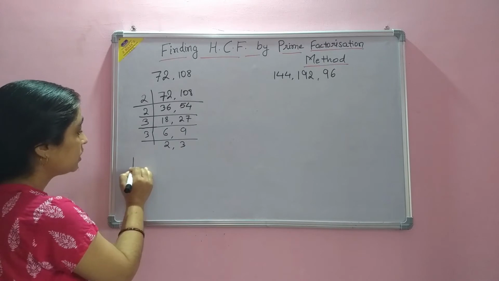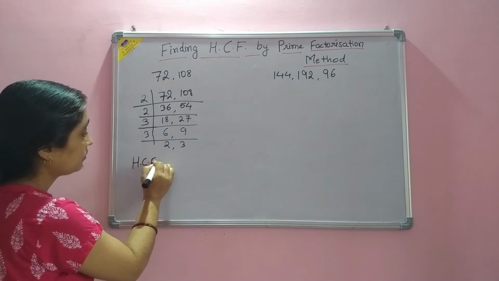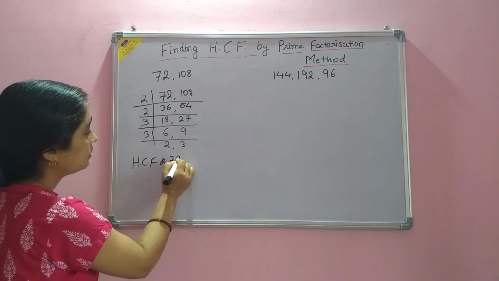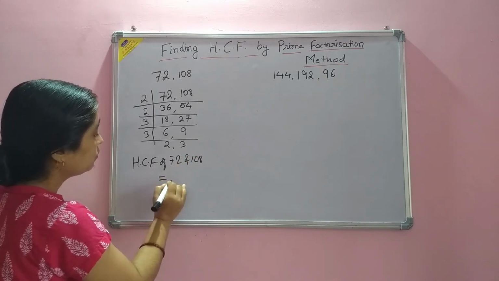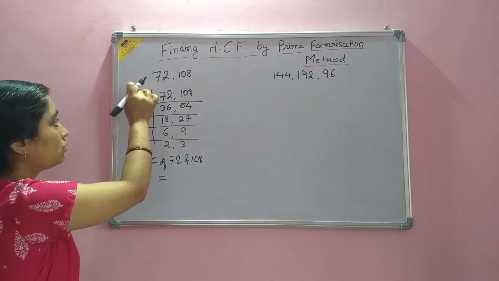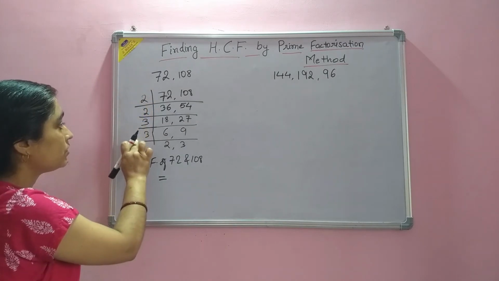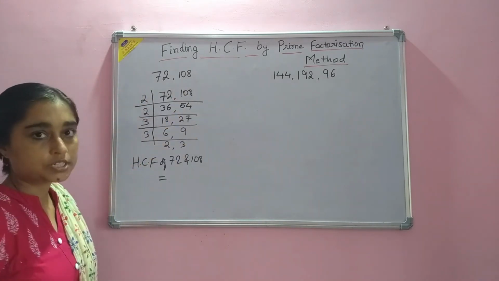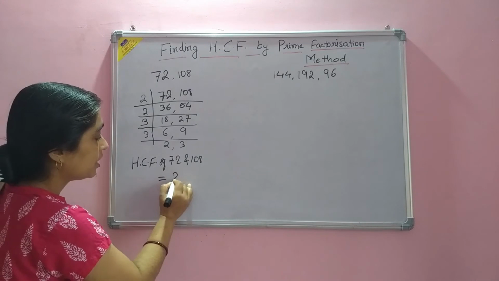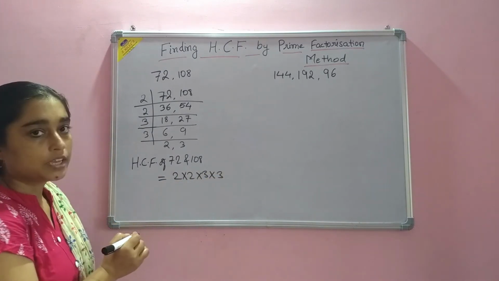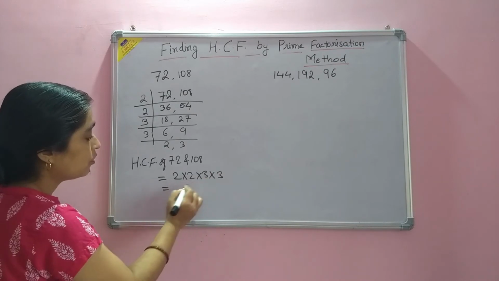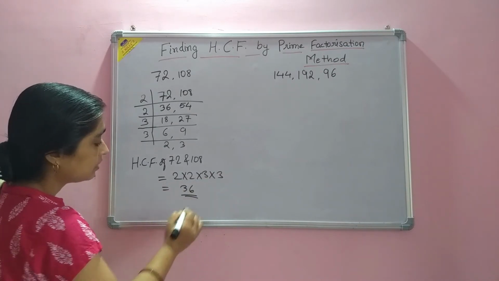Yes. Now the HCF of 72 and 108 is equal to what? It is equal to all those numbers which have divided these two numbers commonly. So it is 2 into 2 into 3 into 3. It is how much? 4 9s are 36.